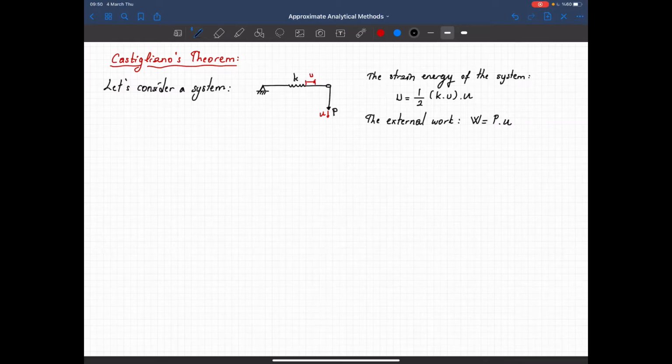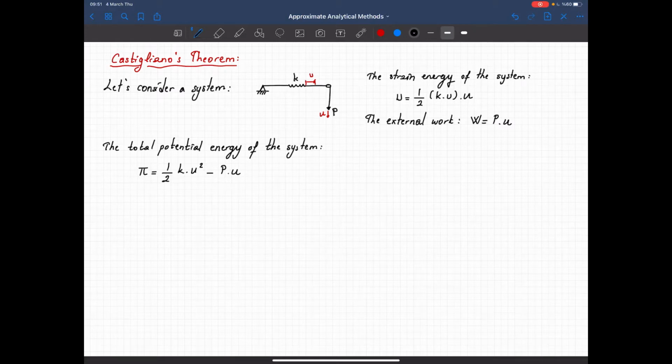Okay, so the total potential energy can be written as follows. Pi is equal to 1/2 K times U square minus P times U.